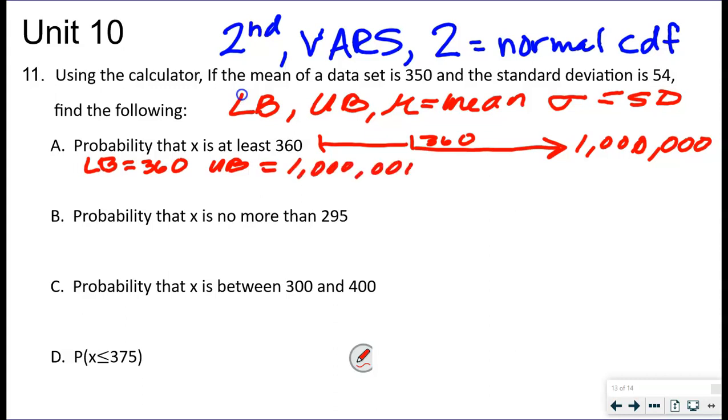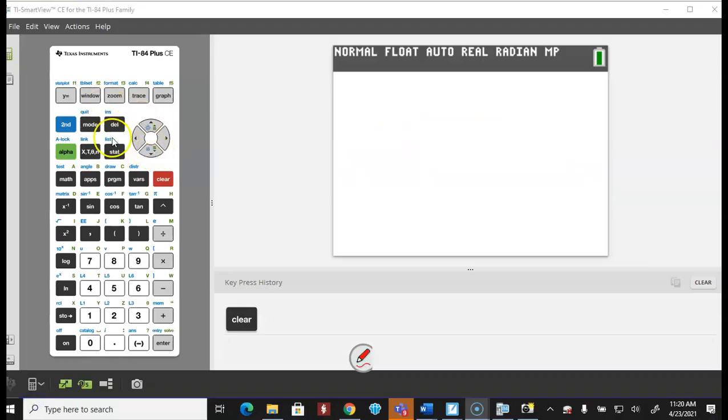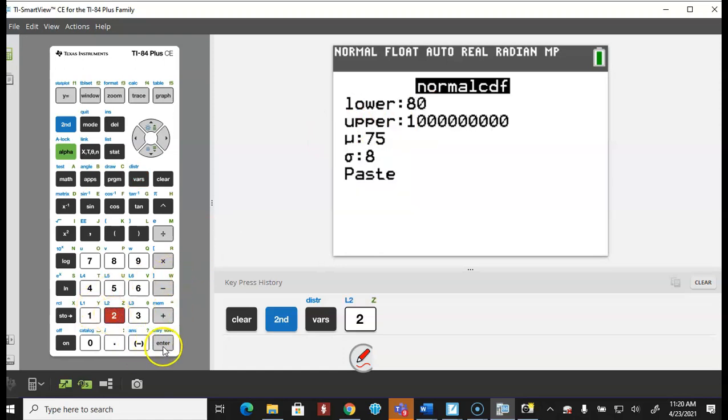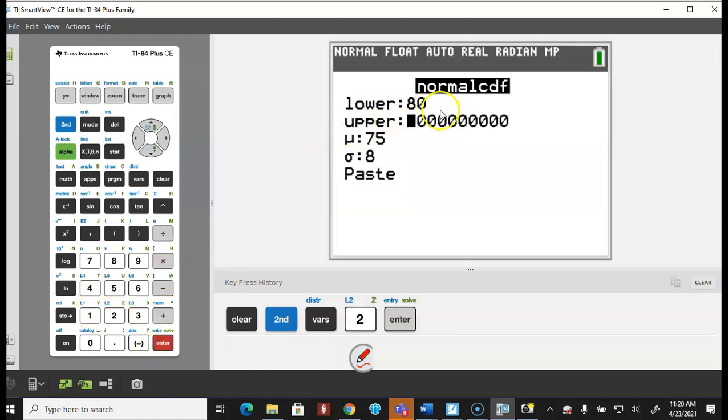And so I'm going to show you guys how to put this both in the calculator and in the program that's on the computer. So here's our calculator, and we're going to go to second and over here to the vars button, and then we're going to choose this 2 right here. So we're going to do 2, enter. That's going to take us here. So we're going to put in that lower bound and that upper bound that we just had.